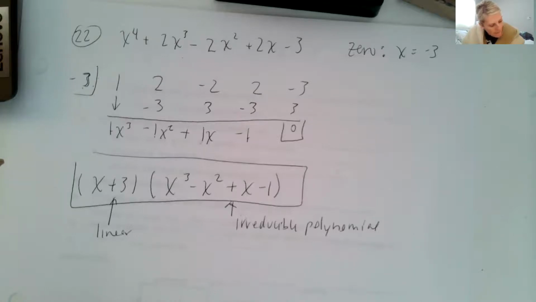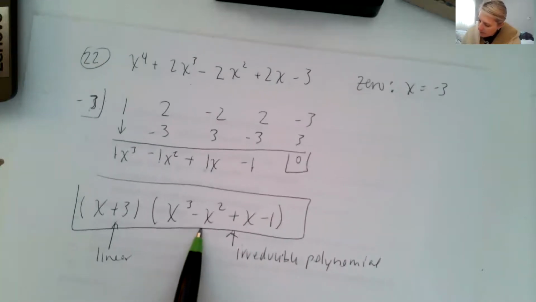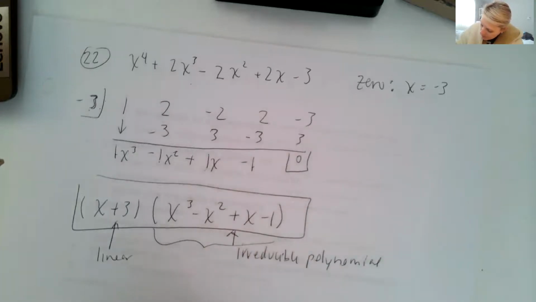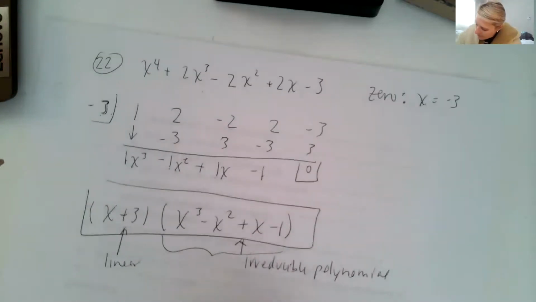So let's see if we could possibly reduce that more. If we take out an x squared, we get x minus 1 left.